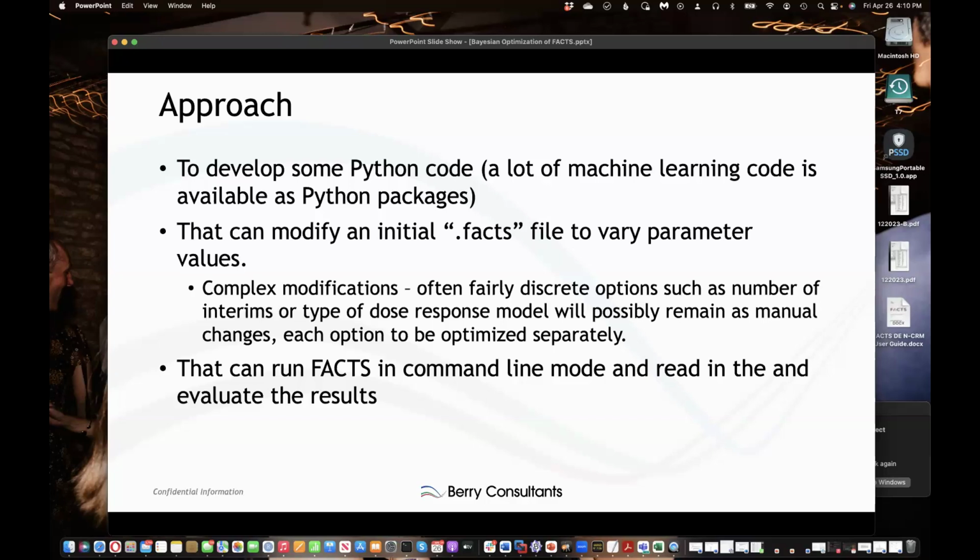So for the problem I mentioned on the previous slide, where we don't have a continuous range to range over, in the number of interims, what I think we will do is separately optimize the 1 interim design, the 2 interim design, the 3 interim design, the 4 interim design, and then look at the optimal version of each, and then decide between those 4 which we prefer. So we will take an approach like that.